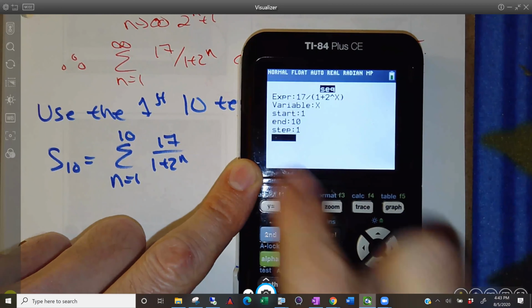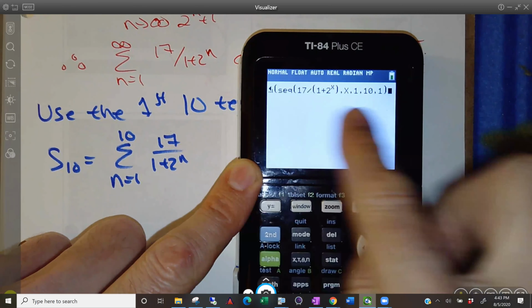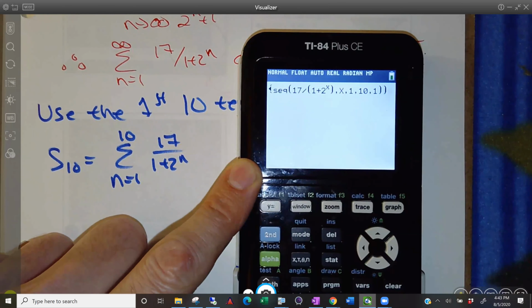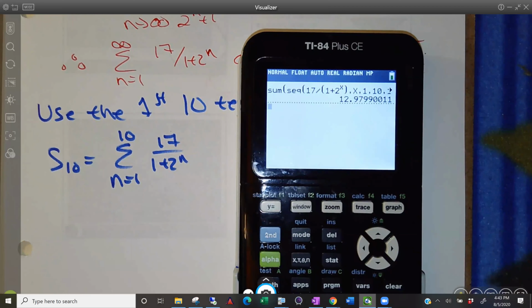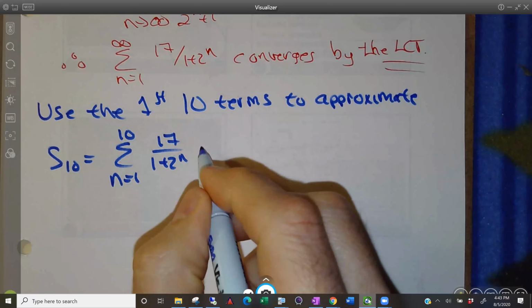When I press enter down at the bottom, it's going to paste that in. And I'll take the sum of all those. Let's put in a right parenthesis just for good measure. 12.799001. All right, so that's the approximation with the first 10.